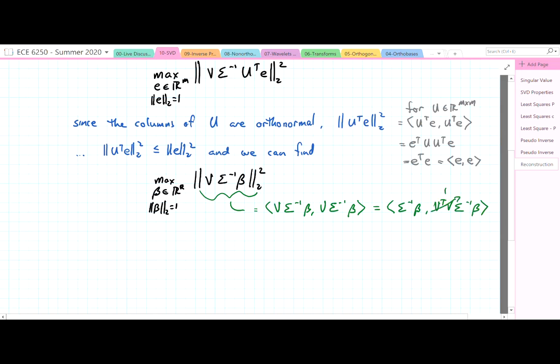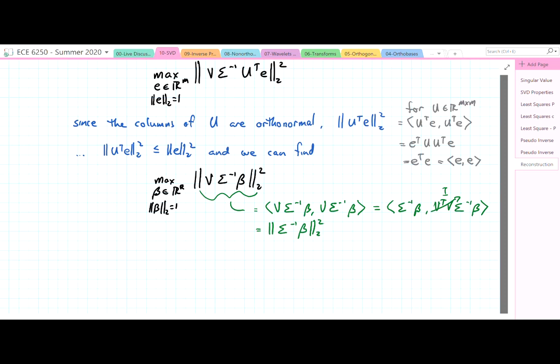That's equal to the identity matrix. So this is just equal to the norm squared of sigma inverse times beta.